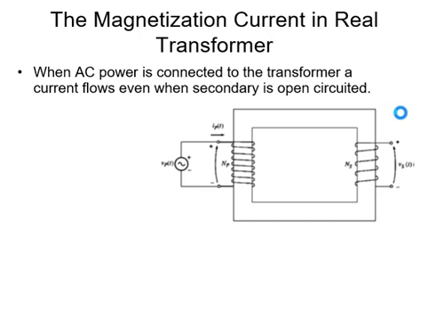Now we come to the magnetization current in a real transformer.